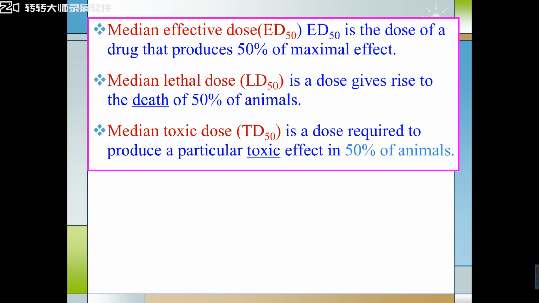Next one is TD50. Median toxic dose is a dose required to produce a particular toxic effect in 50% of animals. TD50 is a dose that causes the toxic effect in 50% of subjects.